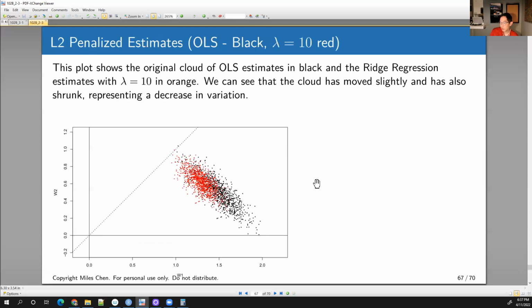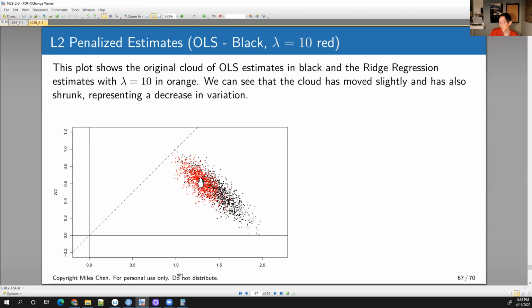When you do ridge regression, it shrinks the amount of variance. This is ridge regression with a small lambda. The amount of variation is represented with this red cloud. It's still subject to random noise, and some people get estimates that are off, and you can see the center of this red cloud is not 1.5, 0.5.